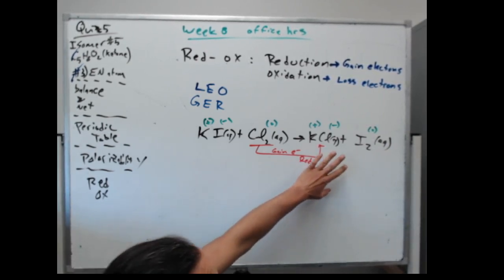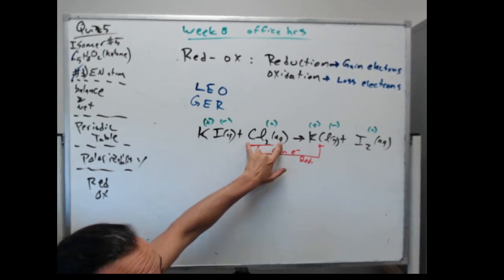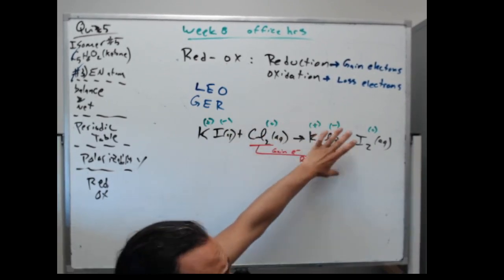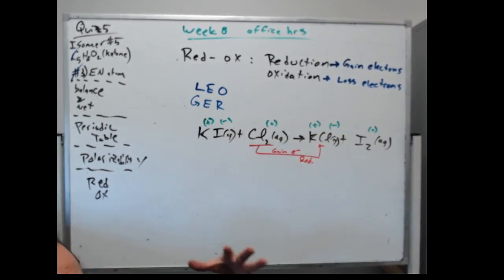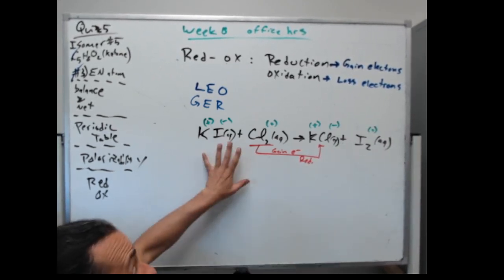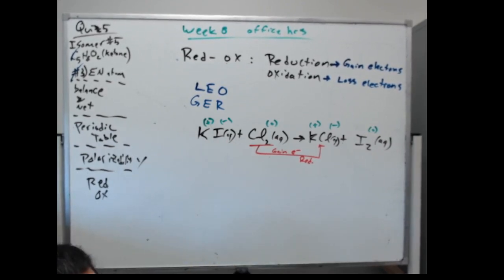So we can think about our periodic trends to understand why chlorine is more electronegative, why it's going to pick up that electron, our common oxidation states, right? All of these different ideas. One of the things that's nice about being in week 8 is we have many different ideas that all reinforce each other now. It makes sense that chlorine becomes minus because it's more electronegative. It also makes sense that it steals electrons because it's more electronegative.